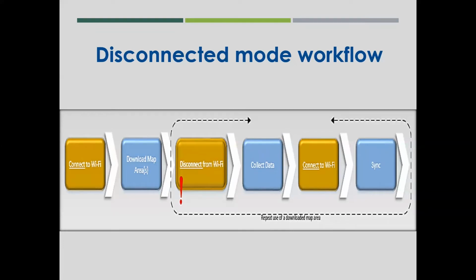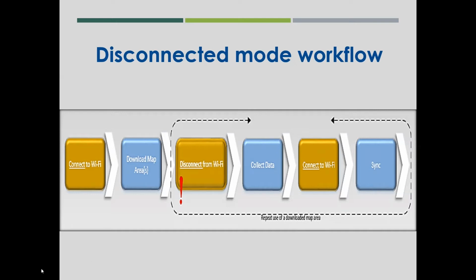That downloaded map area is used to collect data out in the field while not connected to Wi-Fi. And then once you return to the office or a hotel or wherever you have a reliable network connection, the data is synchronized from the map area on your device up to that online map that's hosted in the MRP portal. So this workflow is important to note.